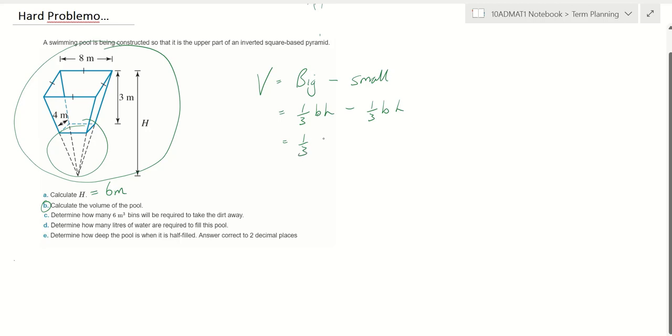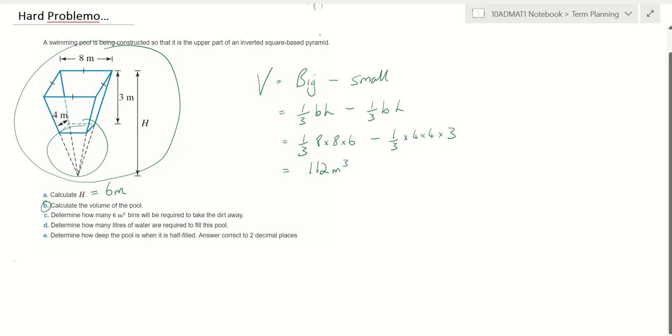Now the base is a square, so it's going to be 8 by 8, and the height we worked out in the last question was 6. The smaller square-based pyramid on the bottom, its base is 4, so square, it's going to be 4 by 4, and its height is 3. So when we do this math, we get 112. Don't forget the units, so it's meters cubed.